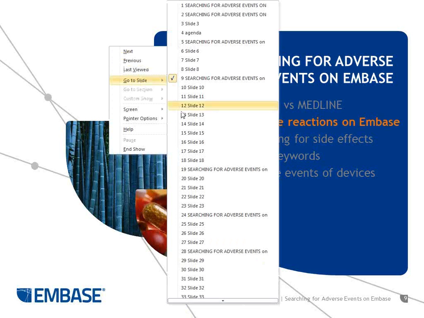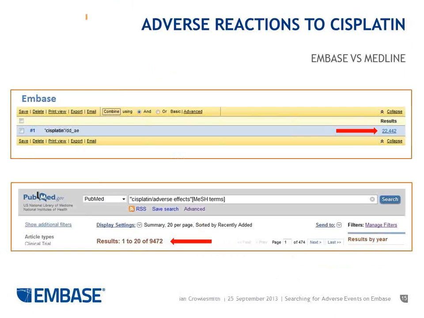I'm going to go to slide 15, because I wanted to show you also how this search compares to MEDLINE. As you can see here, there are 22,000 adverse reactions to cisplatin, which we just had a look at.